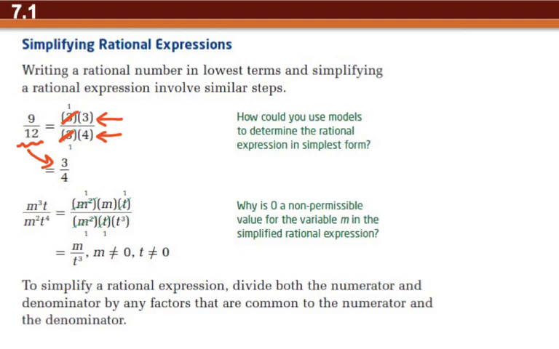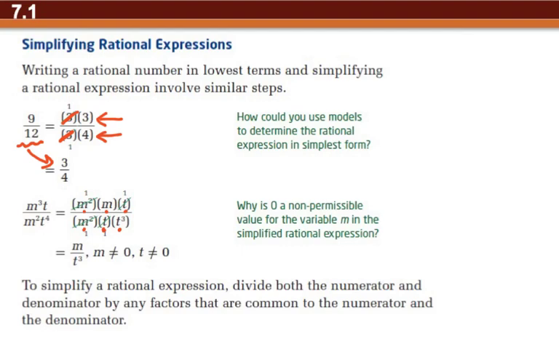Likewise with this expression here, m cubed t over m squared t to the 4th, it involves finding what is common to both top and bottom. So what I've done here is I've written out m cubed as m squared times m times t. And on the bottom, I've written m squared, and I've changed t to the 4th into t times t cubed.